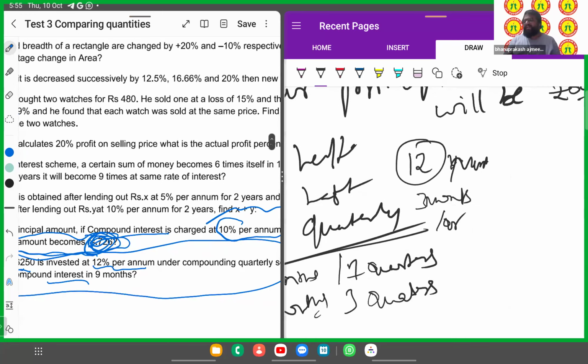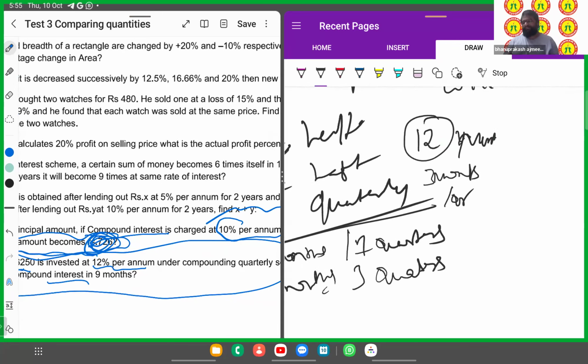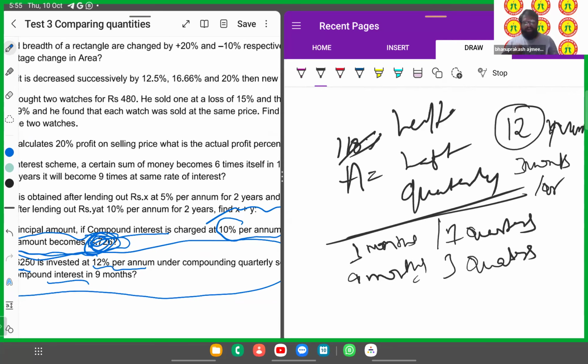So it is very easy, direct formula application. But the only trick here is 9 months means 3 quarters. Chalo, let us solve this problem now.